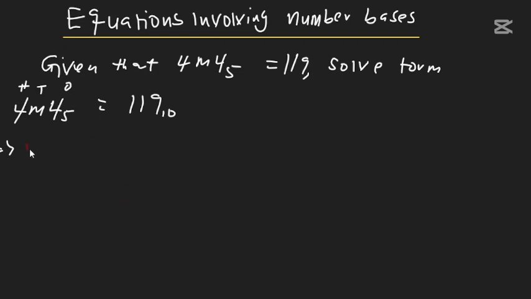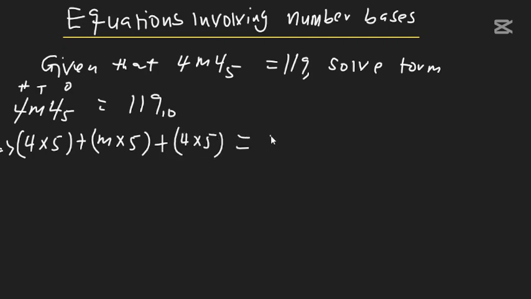So this gives us 4 multiplied by 5 plus m multiplied by 5 plus 4 multiplied by 5 equal to 119. This is already in base 10, so we don't need to convert it.